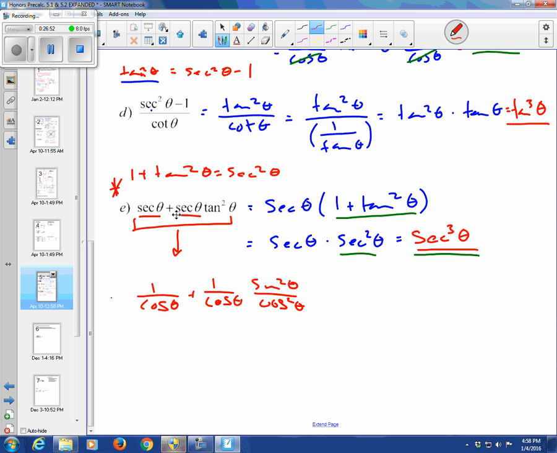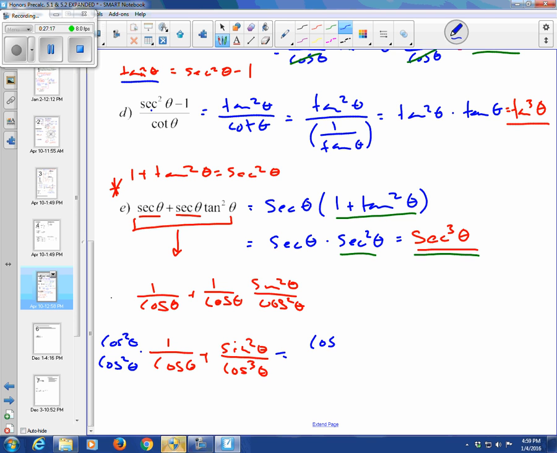Now at this point right here, I could say that I have 1 over cosine theta plus sine squared theta over cosine cubed theta, right? And now at this point, if I multiply by cosine squared over cosine squared, I can get common denominators.